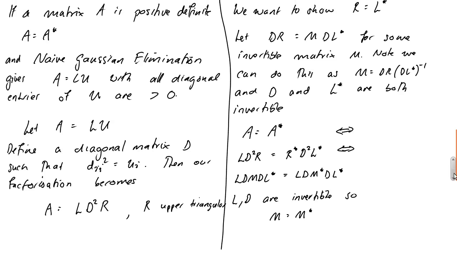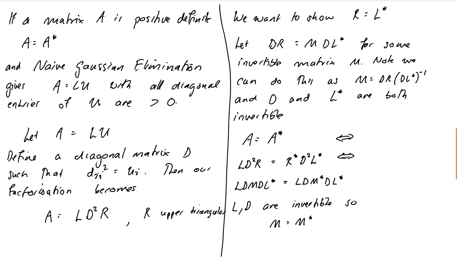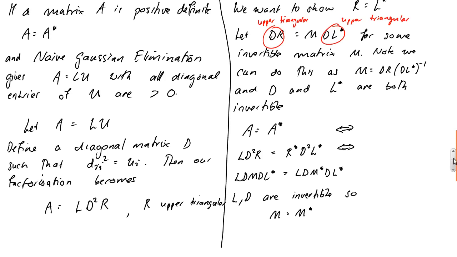Well, let's see. Back at our definition, here we have upper triangular. So M itself must be upper triangular.